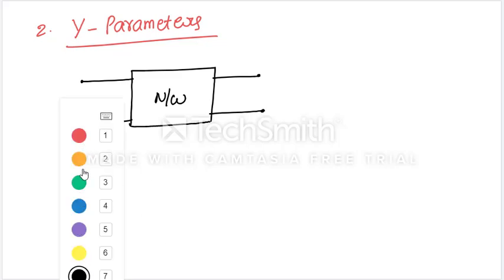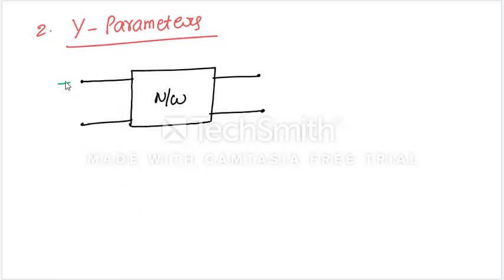Now, this is my V1 and this current is I1, and this is my V2 and this current is I2. This is I1 and this is I2, isn't it?